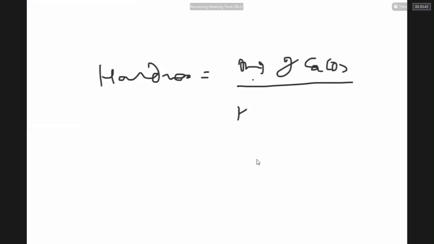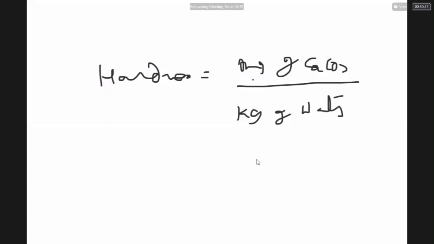Now hardness is equal to milligrams of CaCO3 divided by kgs of water.